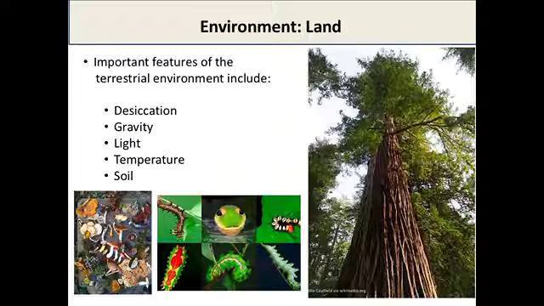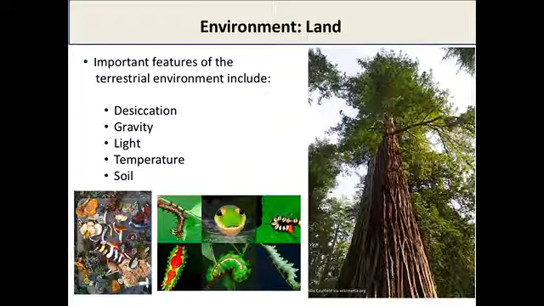Then gravity, anything on Earth has the force of gravity acting upon it, and that regulates how life on Earth can exist. Light, the amount of light that different plants in different areas receive will determine what type of plants grow, how they grow, and then by inference, that determines what type of animals, or consumers, can exist around these plants.